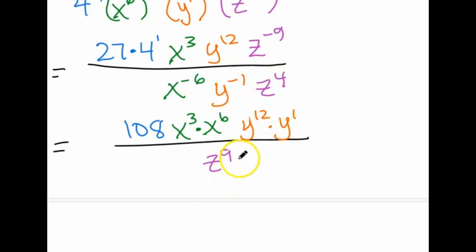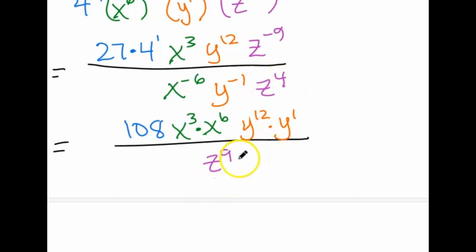All right, now we just need to combine the x's together, the y's together, and the z's together, and we're going to use that property of products here where, since it's connected by multiplication, let's add those exponents together. All right, so let's see, what do we get when we do that? So let's leave that 108 where it is.